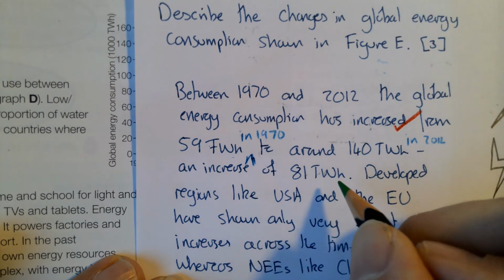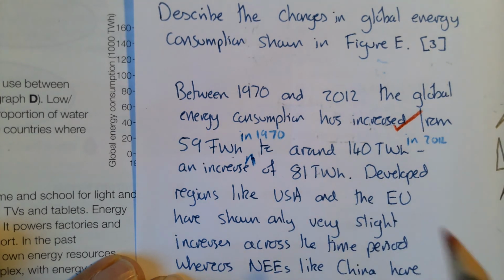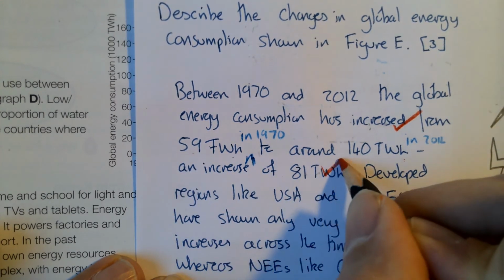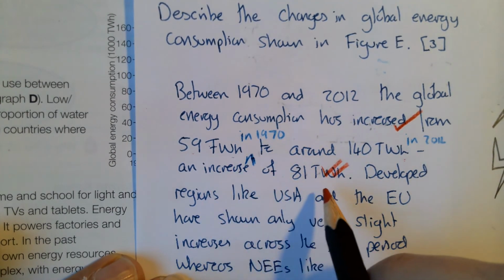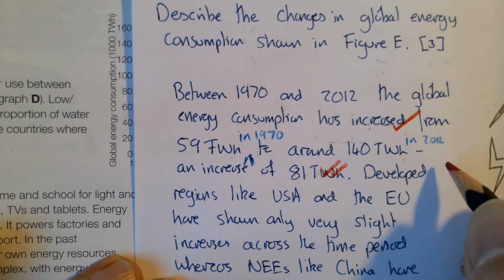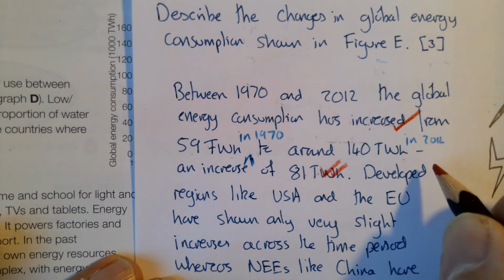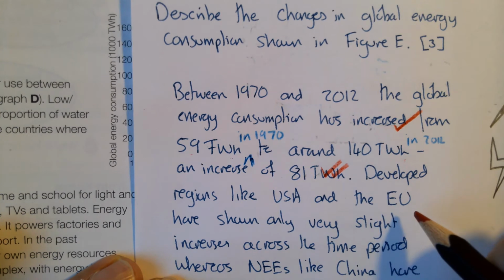An increase of 81. So love the fact that I've then manipulated that and done a quick calculation. So by adding that detail in of the numbers and dates from the graph, I've ensured that I am going to get to 2 marks there at least.